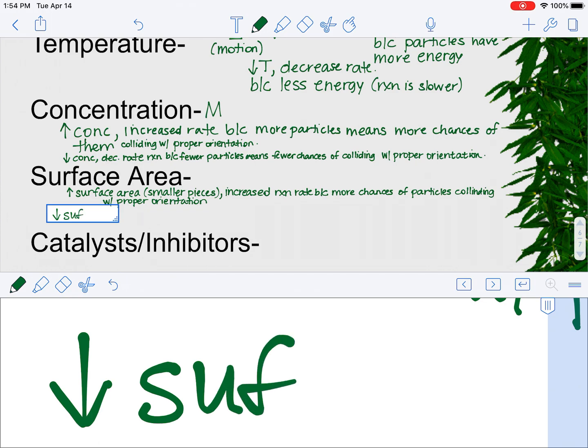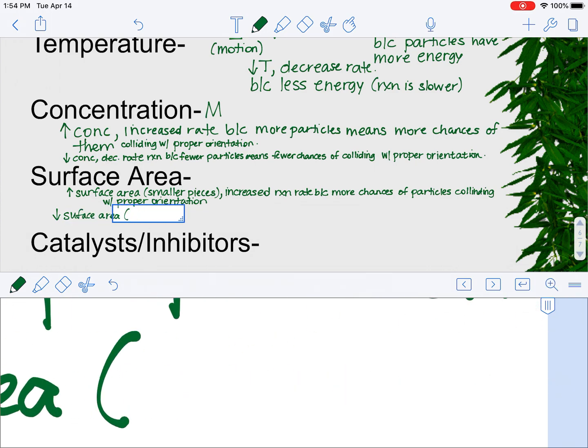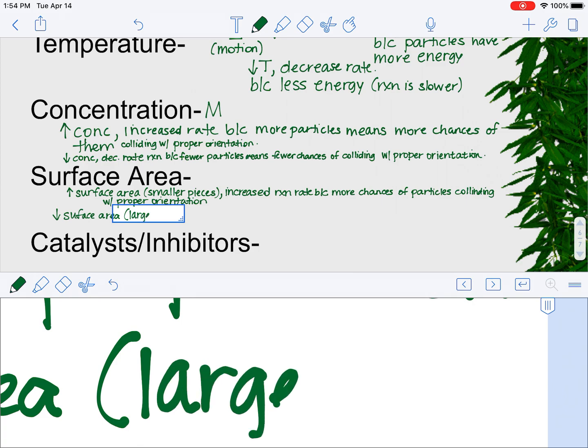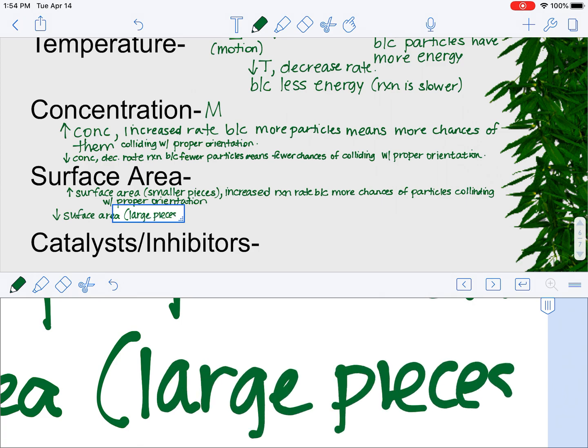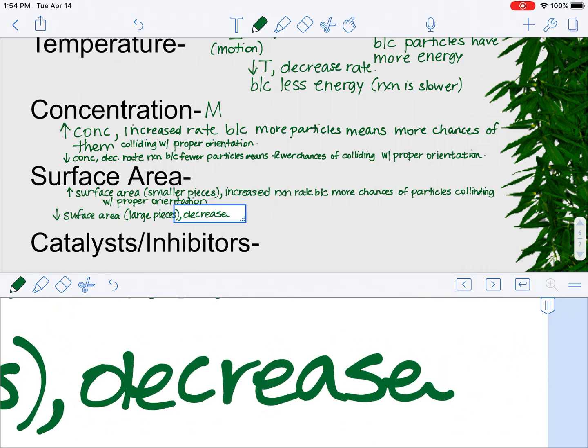The smaller your surface area, that happens when we have large pieces, results in a decreased reaction rate.